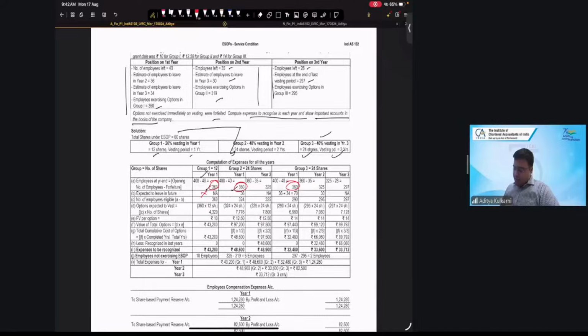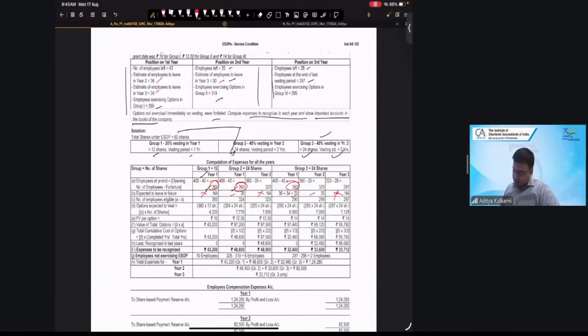Expected to leave in year 2 in the future, so 36 in this case. In group 2, year 2 is irrelevant. Then group 3, 36 plus 34, 70. Then year 2, 30. Year 3, obviously not applicable because it is the end of the vesting period.